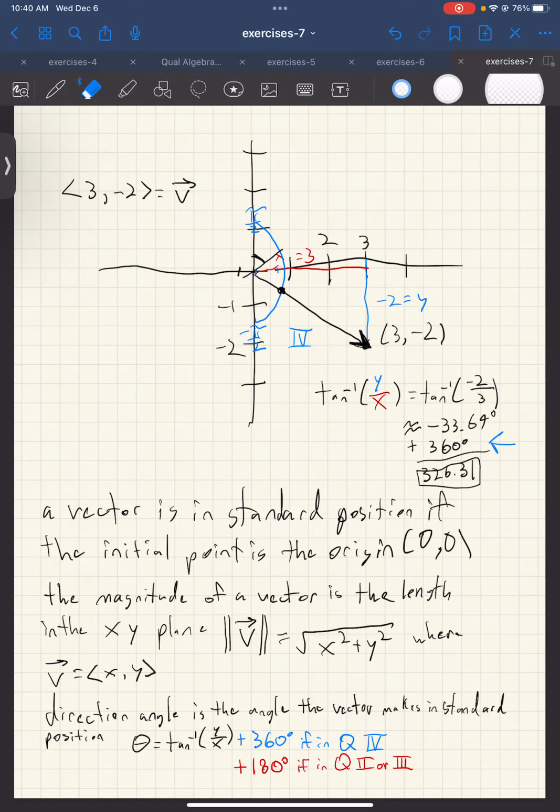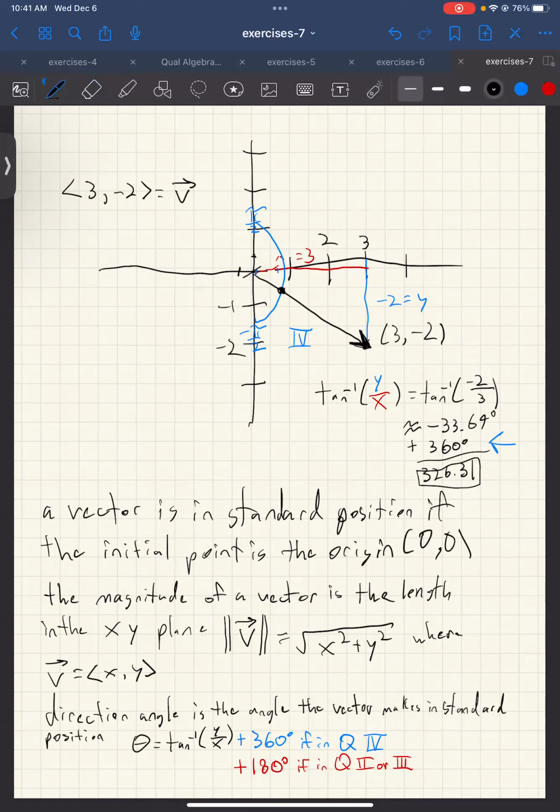So if I told you aim pi over 4, and your vector is 5 units long, there's only one vector that could be. So our vectors are uniquely determined by just how long they are and what direction they face.